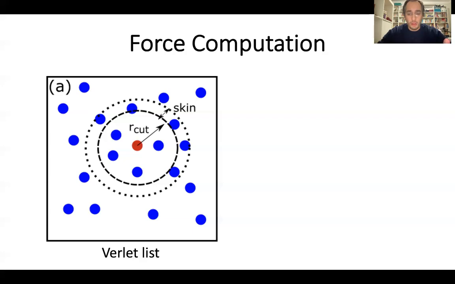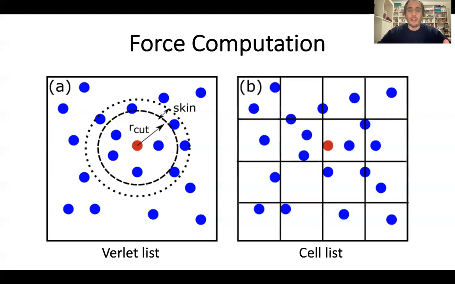So one thing that we can use is the cell list. The cell list by itself can be used just to compute the forces, but here LAMMPS uses it only to update the neighbor list, the Verlet list. So how do you do that?